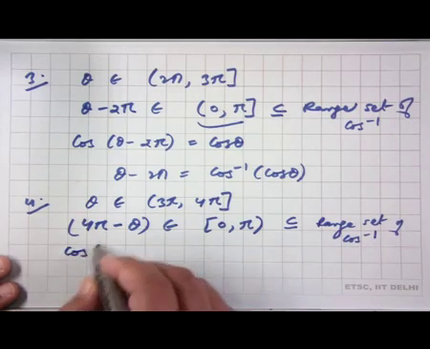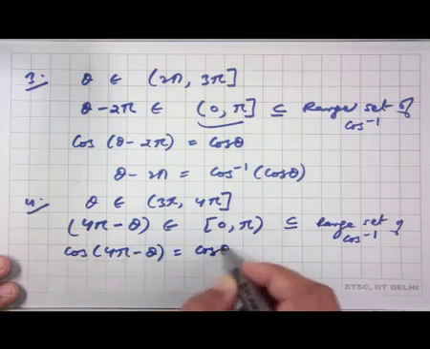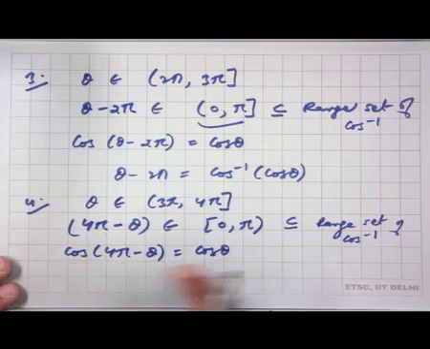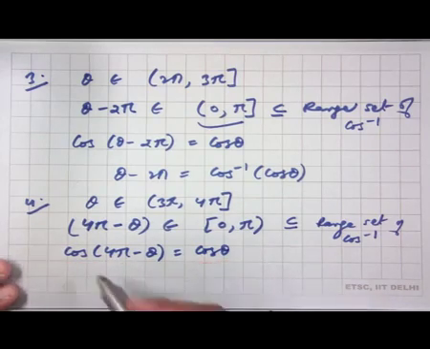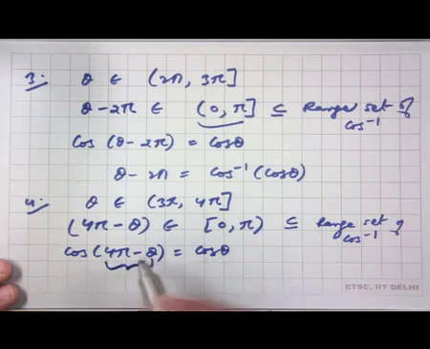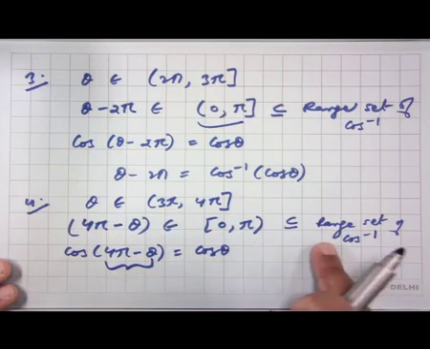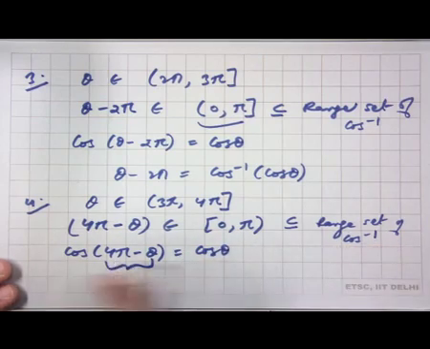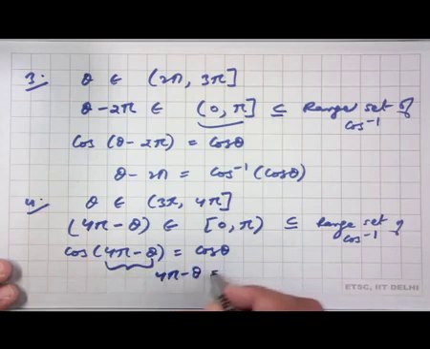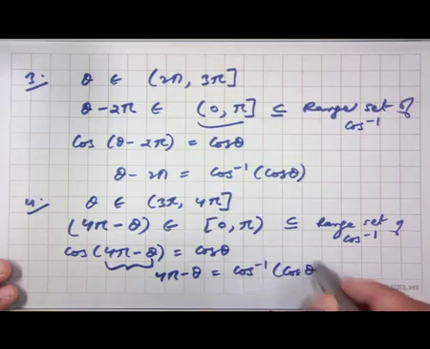Further, cos of 4 pi minus theta is equal to cos theta, again because of the periodicity of the cosine function. Since this angle belongs to the range set of cos inverse, it follows that 4 pi minus theta is equal to cos inverse of cos theta.